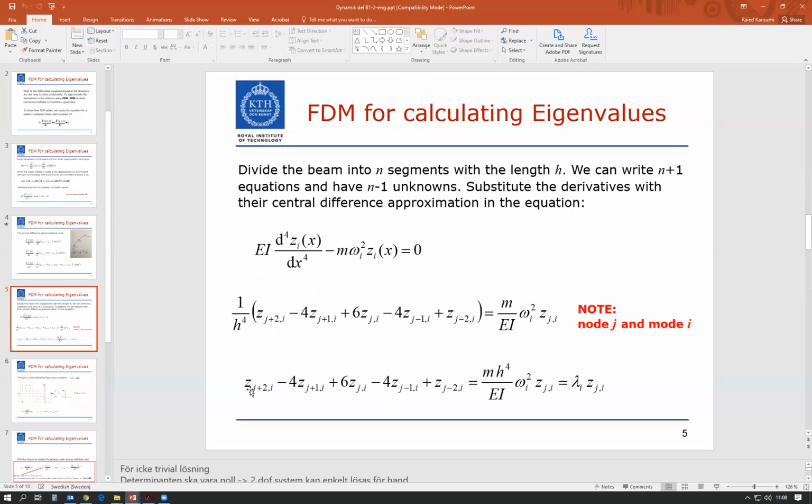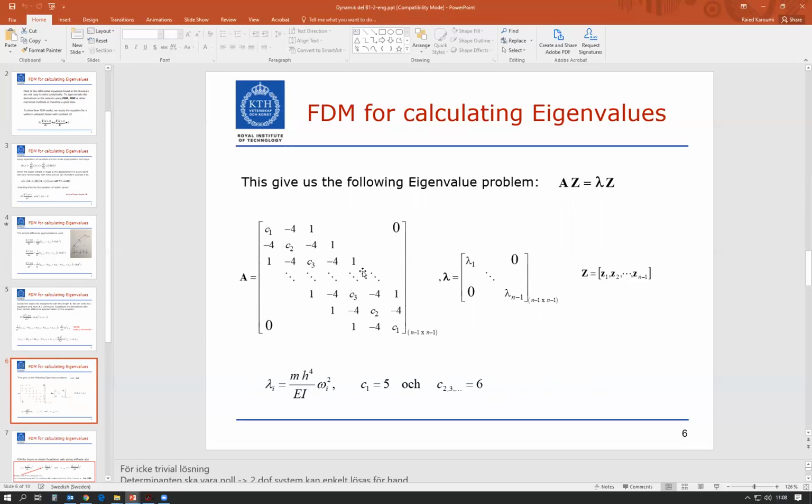When we put all of these equations for each and every node number along the beam, we will be able to formulate the problem in this way. This is an eigenvalue problem where A is this matrix, almost always the same format. Z is the vector of the mode shapes.